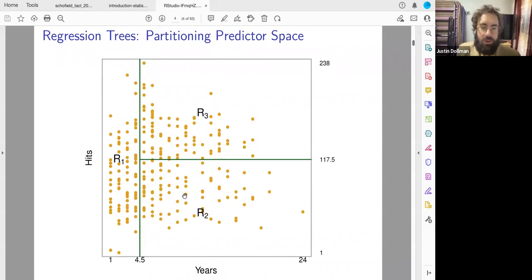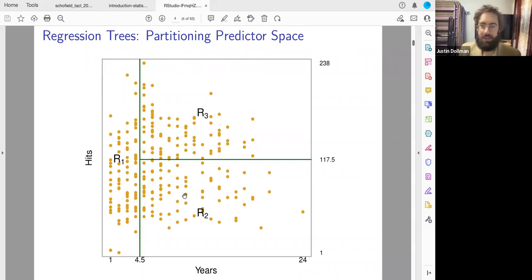When we create a decision tree, specifically a regression tree, because the outcome salary is a numeric variable, what we want to do is, just like in linear regression, use our features to predict the outcome.